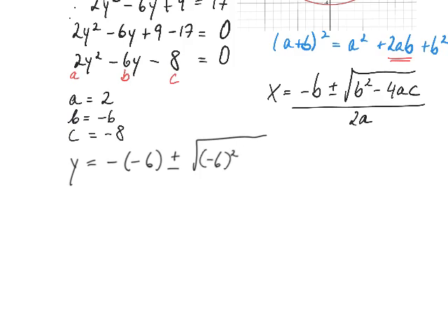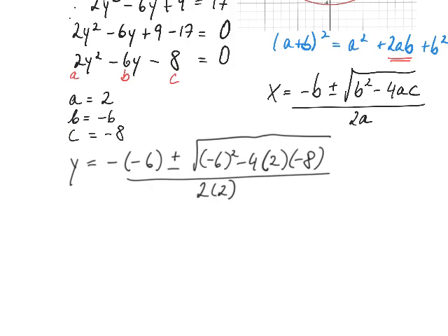The bracket around the minus 6 is very important. Minus 4 times a, which is 2, times c, which is minus 8, over 2 times 2.